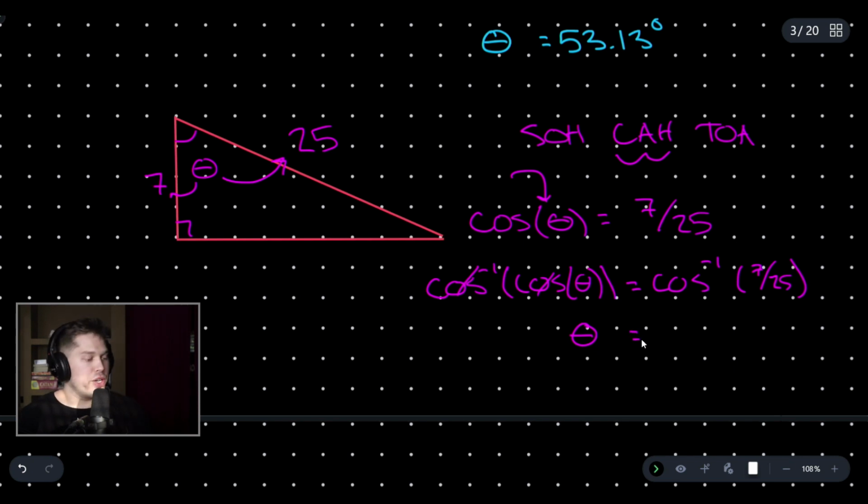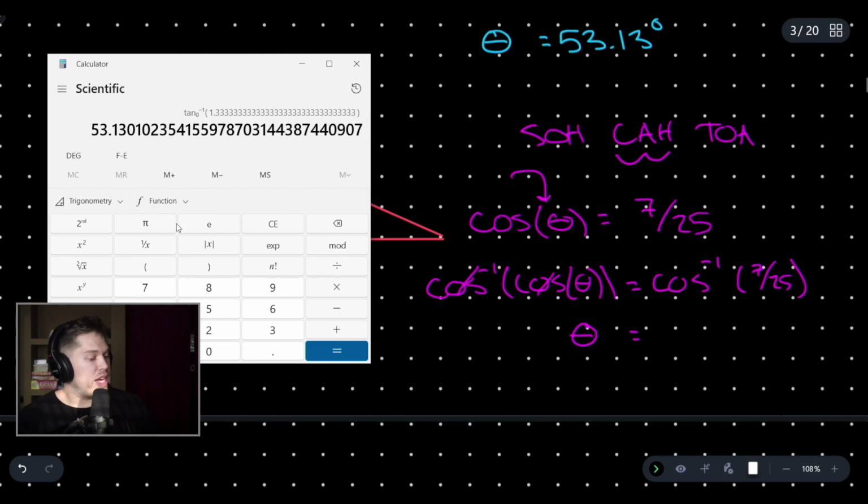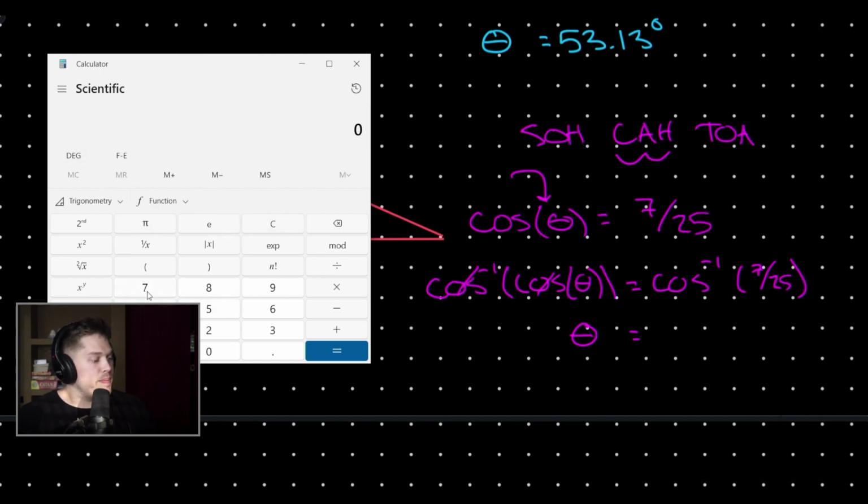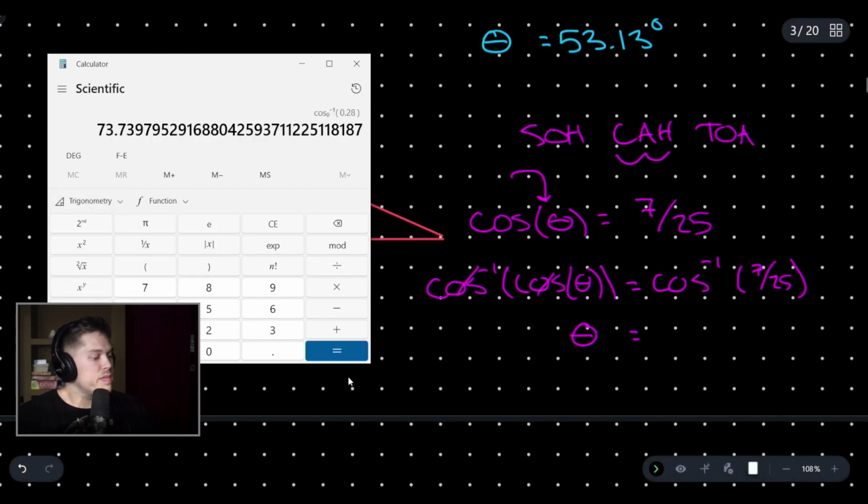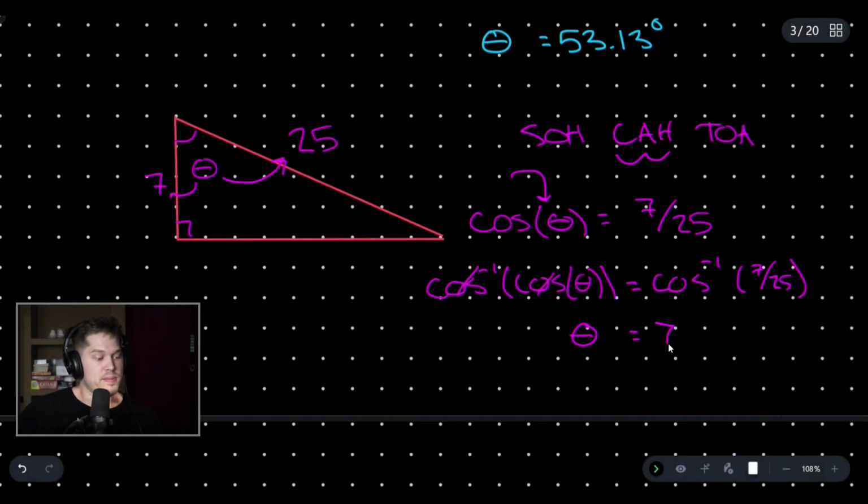And then we're going to just plug it into the calculator. So theta, our angle in question, is going to be what? We're going to divide 7 and 25, and then we're going to apply the arc cosine and get 73.7 degrees.